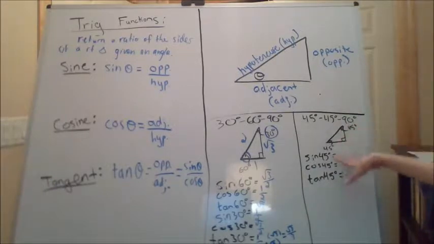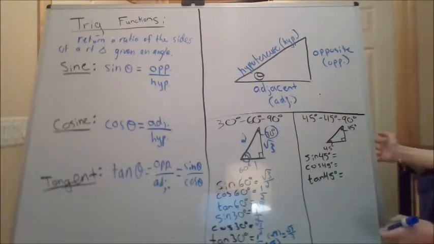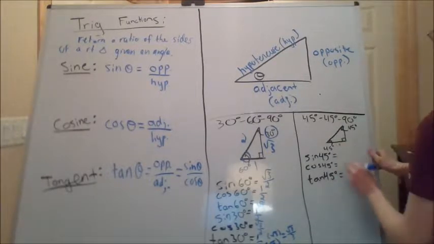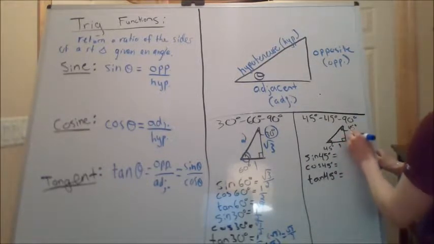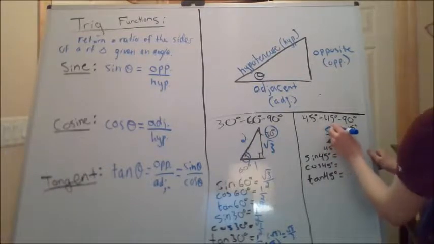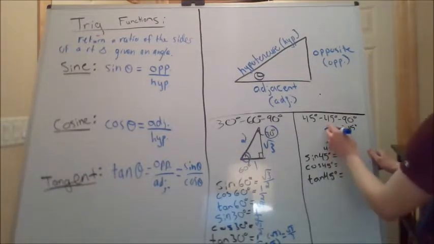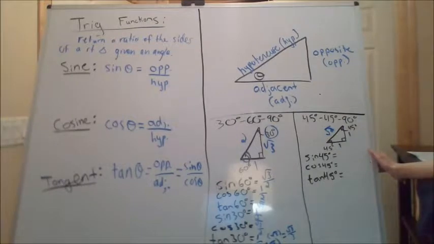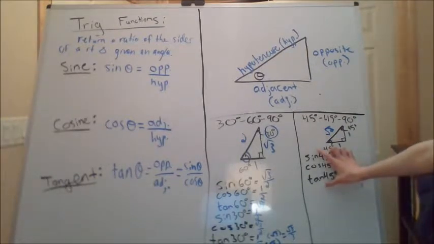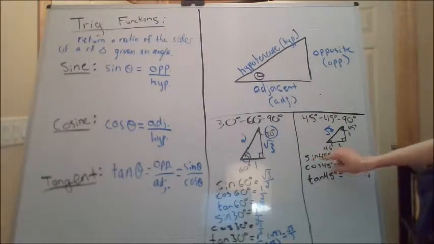Now let's move on to our 45, 45, 90 degree triangle. We know that with this triangle, if this is 1 and this is 1, then this is going to be the square root of 2. Now let's calculate these trigonometric functions using our 45 degree angle. First, the sine of 45.